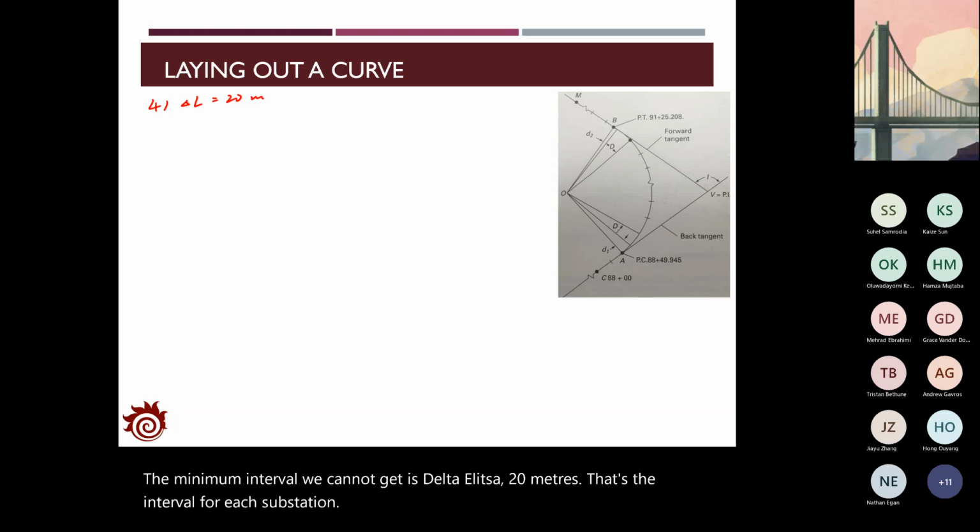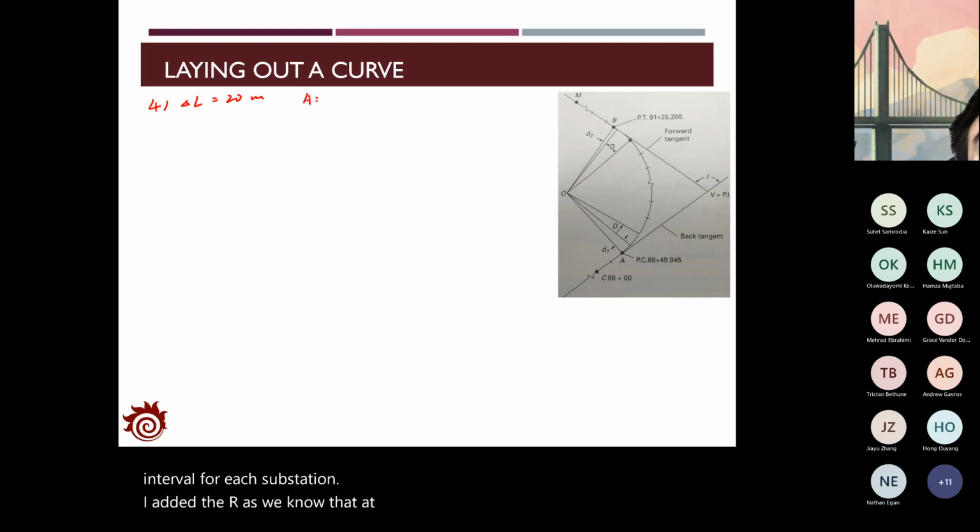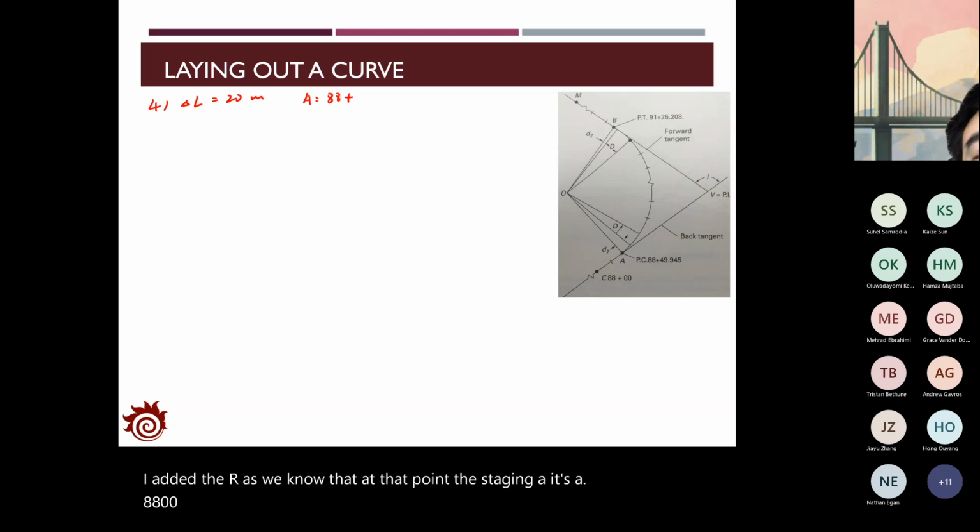As we know, at the point that station A is 88 plus 49.945.